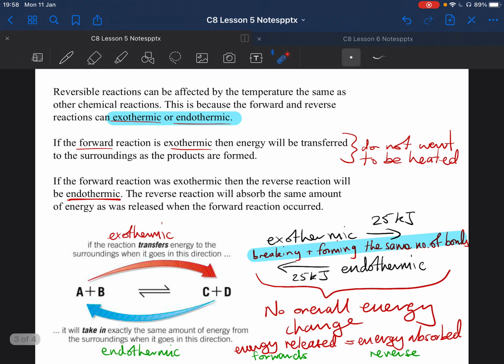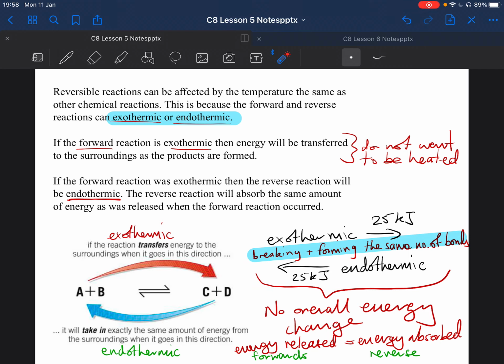And if we have a look at it in terms of energy, if we have an exothermic forwards reaction that released 25 kilojoules of energy, then the endothermic reverse reaction would absorb 25 kilojoules of energy. There would be no overall change. There's no change in the amount of energy in the surroundings.